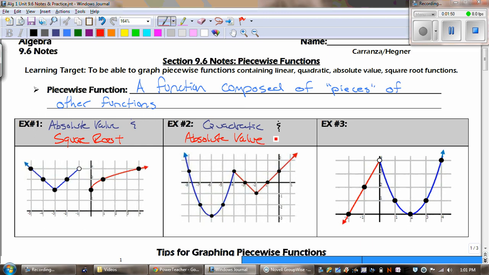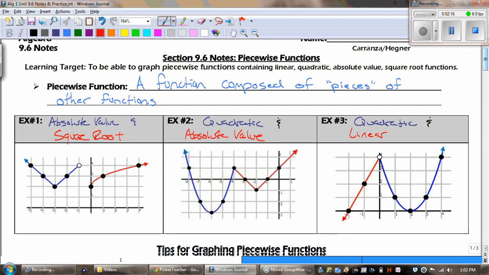Why don't you guys try number 3? Well, the blue is a quadratic. Do you remember what the one in red is? It's just a straight line, and that means it is linear. Okay?